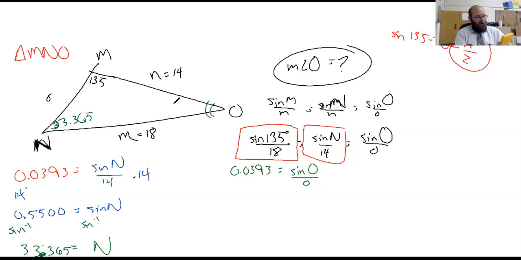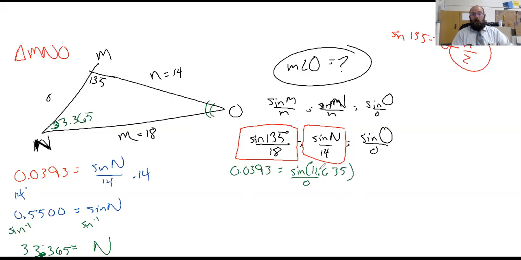So let's do that. 180 minus that 33 angle minus 135. I end up with 11 degrees. So instead of O, I'm going to write 11.635.